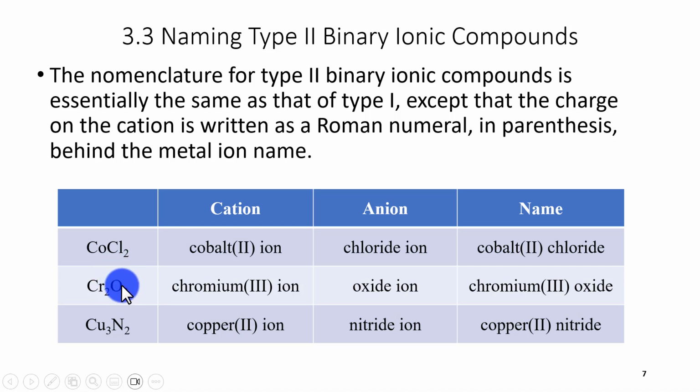So oxygen being group 6 will always form a 2- charge no matter what. And because I have 3 of those ions, each with a 2- charge, I have a total negative charge of -6. 3 times 2- gives me a 6-.